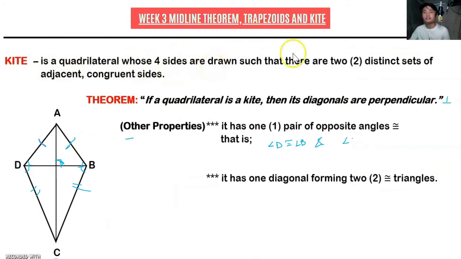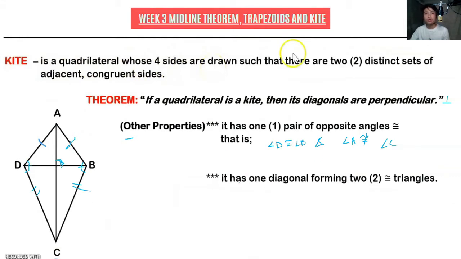Angle A is not congruent to angle C. Okay? So, kasi merong isa lang pair na opposite angle. And that is angle D and angle B. Sa kabila, angle A and angle C, hindi na sila congruent.